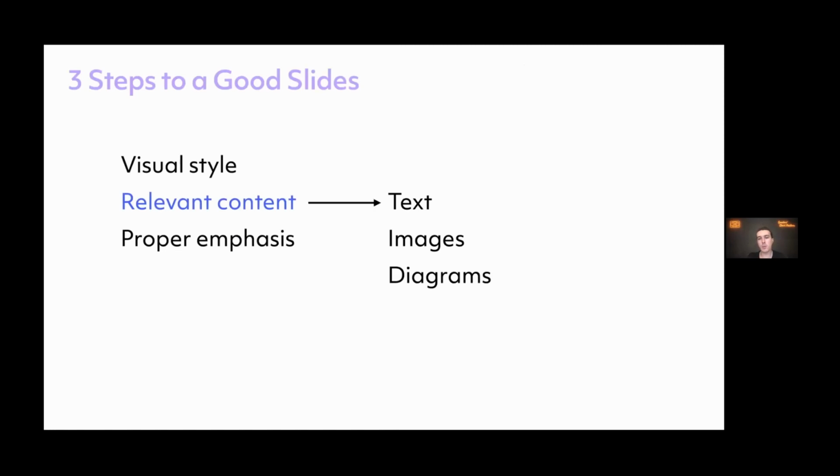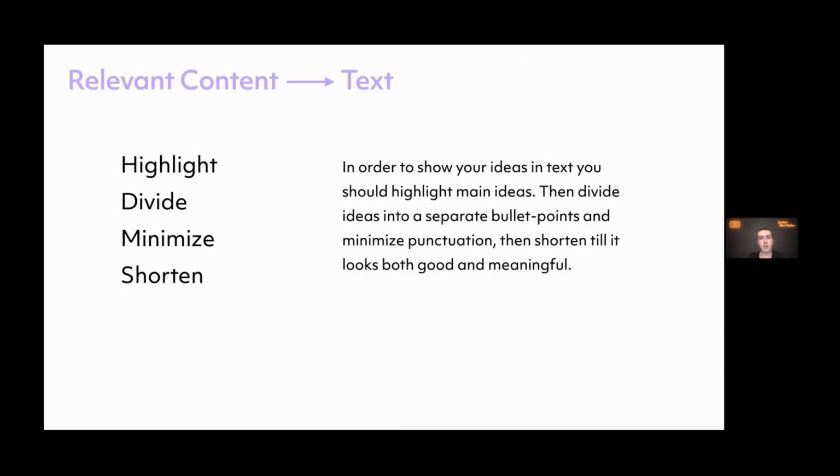Basically, there are 3 types of content, and let's start with text. For text, everything is very simple. You need to follow these 4 rules one by one. First, you need to highlight your ideas when you want to deliver a message.